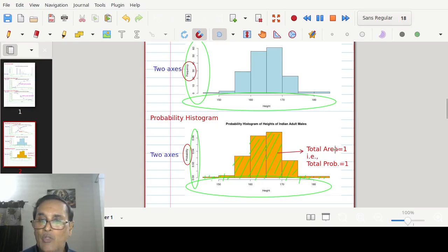This means the total area is equal to 1. But when we take a class interval corresponding to this, a vertical bar is there and the area of this particular bar is actually the probability corresponding to this class interval, and similarly for other class intervals.